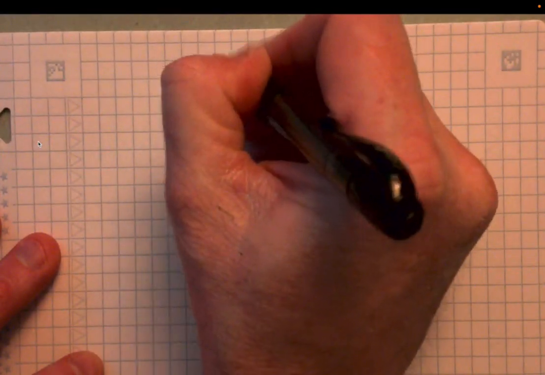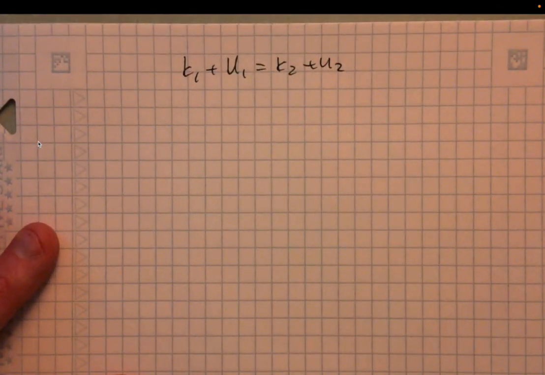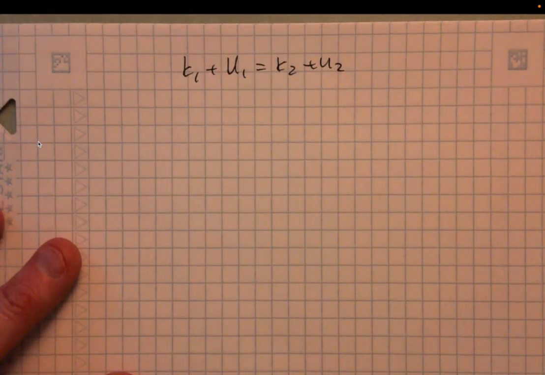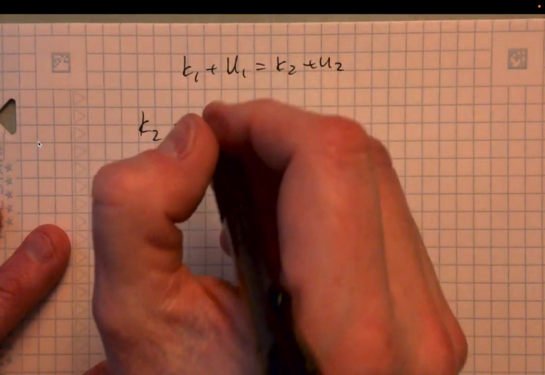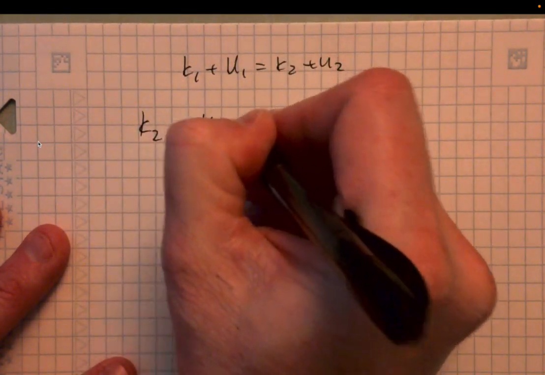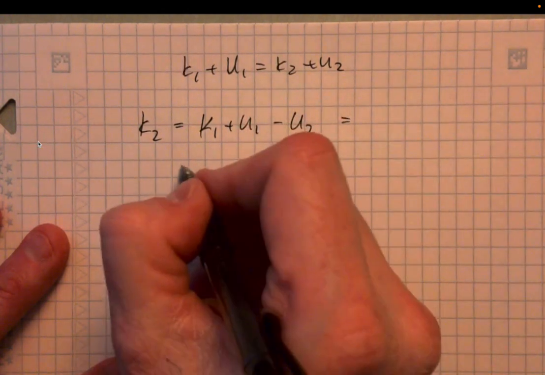All right, and so if K1 plus U1 equals K2 plus U2, then we really need to know what's going on with K2, don't we? So we can solve for K2. K2 will be equal to K1 plus U1 minus U2. And what are all those quantities?